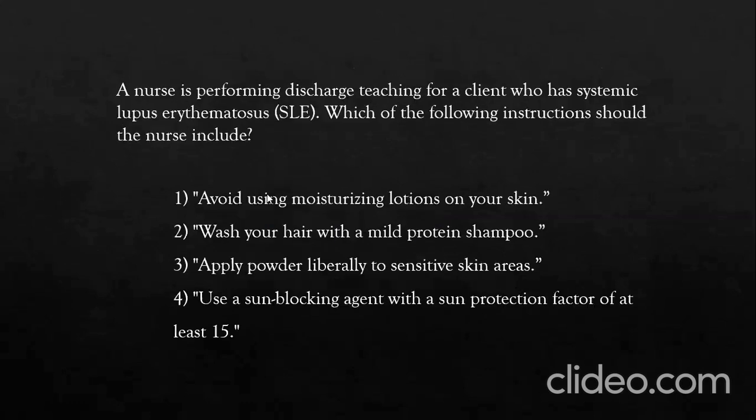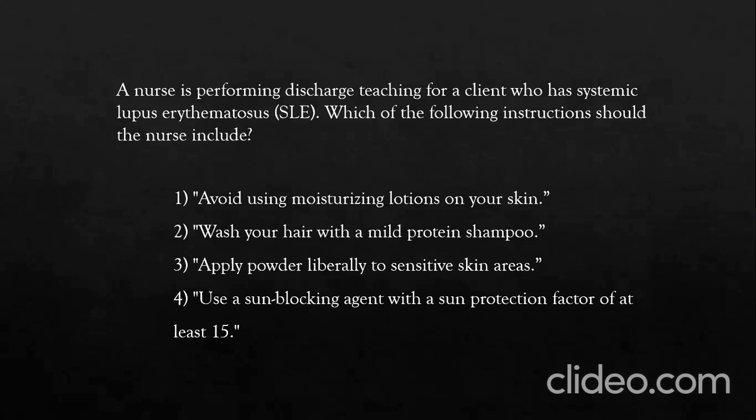Always assess first. A nurse is performing discharge teaching for a client who has lupus. Which of the following instructions should the nurse include? Four. This is one of those trick questions. They want you to pick the sun blocking option, right?